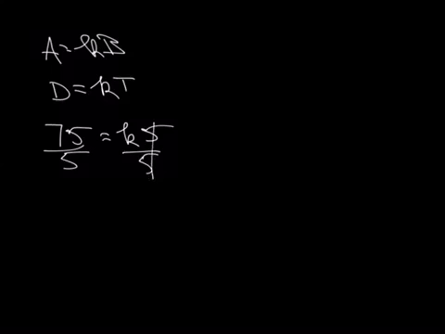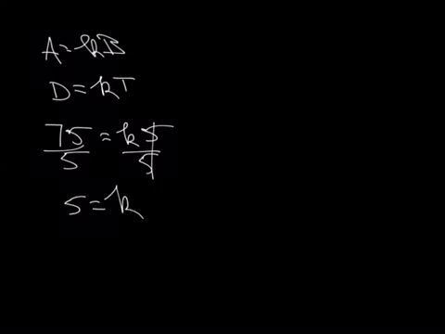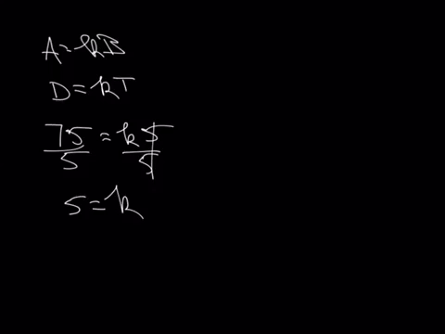Okay, so that cancels, and 5 goes into 75, 1, 2, 3, 4, 5 times. So there's my K. Or I'm sorry, 15. What am I thinking? 75 divided by 5 is 15. Alright, so now that I found my K, I can rewrite my formula. Now let's continue on with the problem.